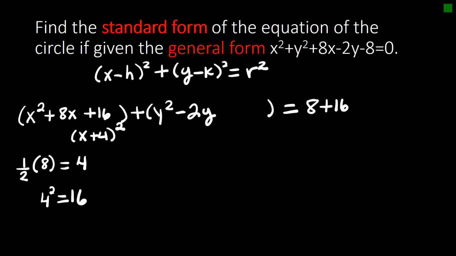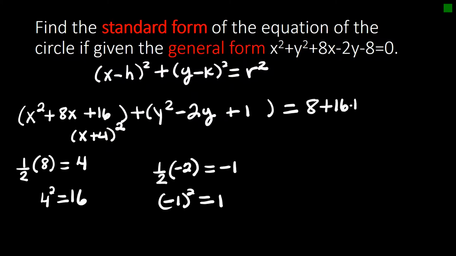Now let's look at the y. We want 1/2 of the coefficient of the y term. That's -2. So 1/2 of -2 is -1. And we square -1 to get +1. So I add 1 here, I add 1 there. So this factorization is (y - 1)².